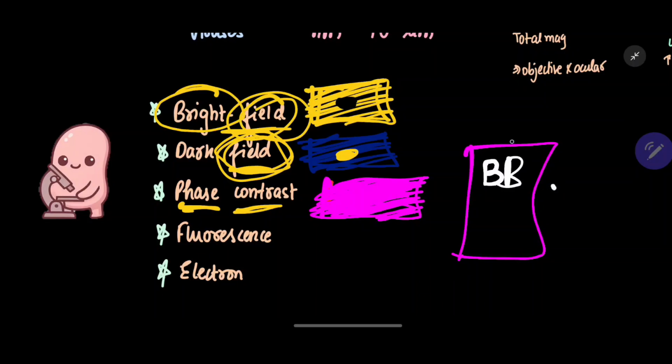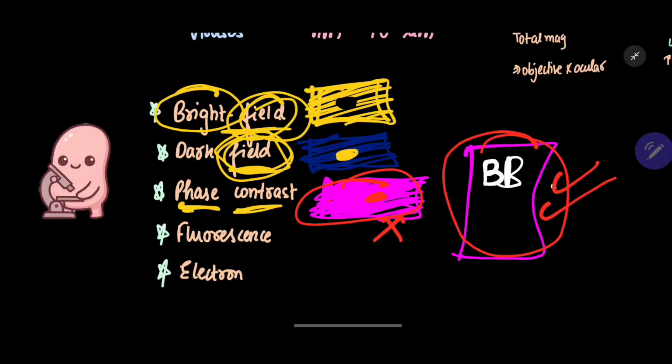But let us say you have a pink background and you're looking at red, it's not that good, right? So this is a good contrast, whereas this is a bad contrast. The name suggests that this microscope is creating some sort of contrast so that you're able to differentiate. When we discuss the principle of this microscope, we'll go into the detail of it.